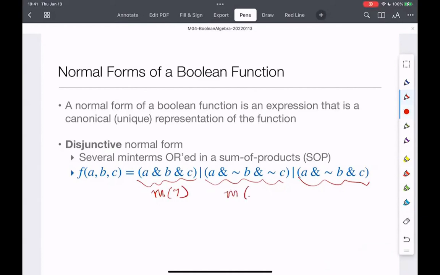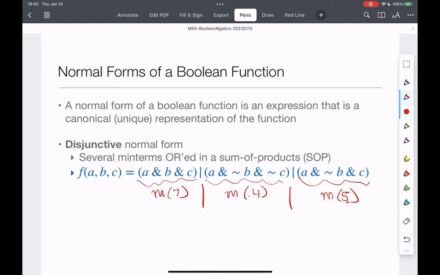This one is little m100, so m4, and this one is little m5. So it's basically saying m7 ORed with m4 ORed with m5. And other than permutation of these minterms, which you can again say, hey, I'm just going to sort them in increasing order or something like that, they are the same.